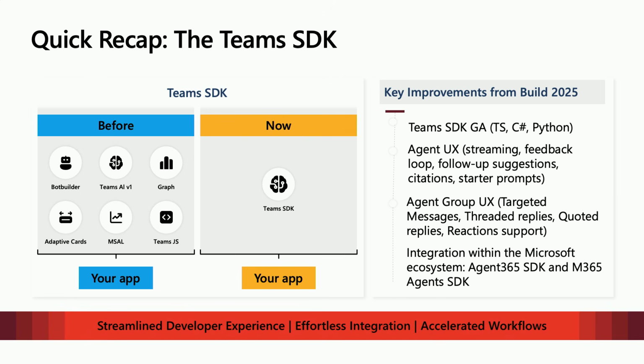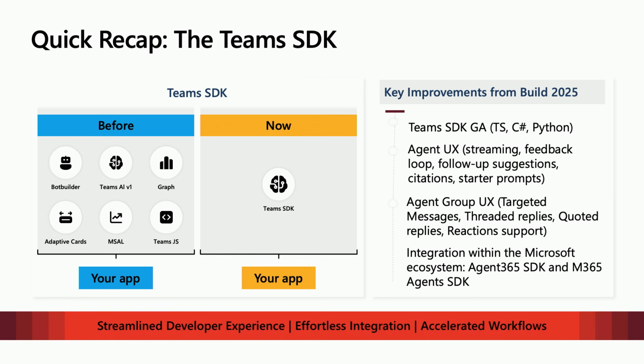This year, we're bringing to you many more group UX features to make your agent shine within a group. And we have a session dedicated tomorrow for all the group UX capabilities. We're also integrating with other SDKs inside the Microsoft ecosystem.